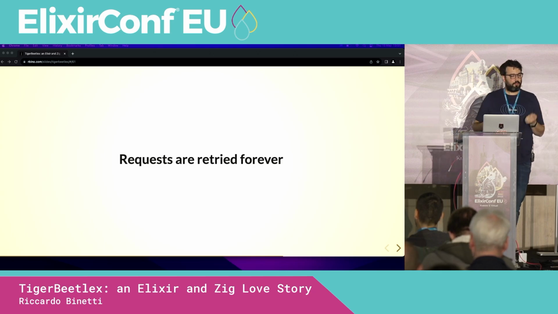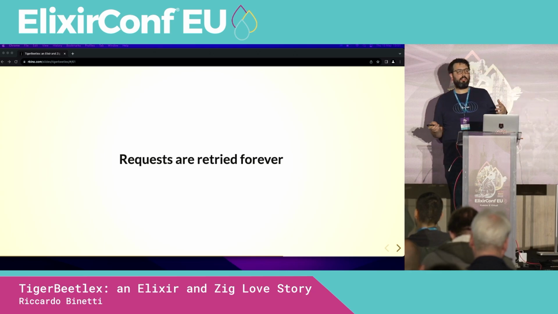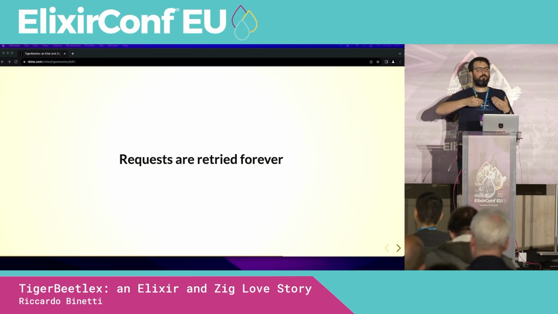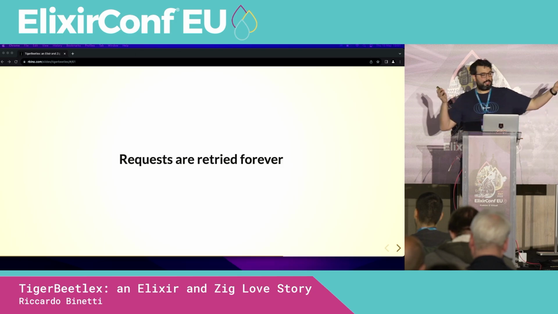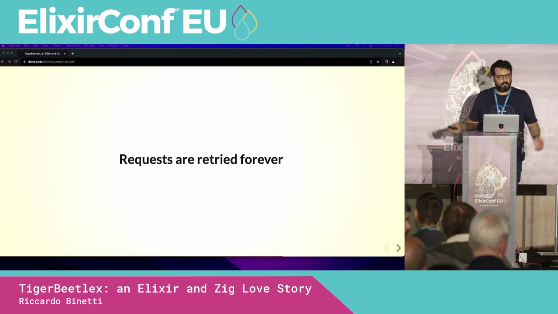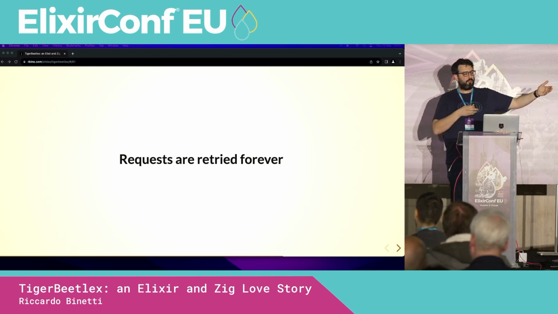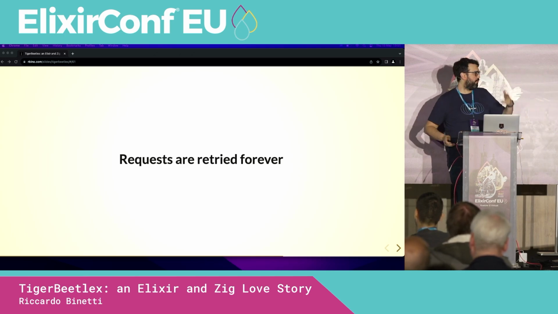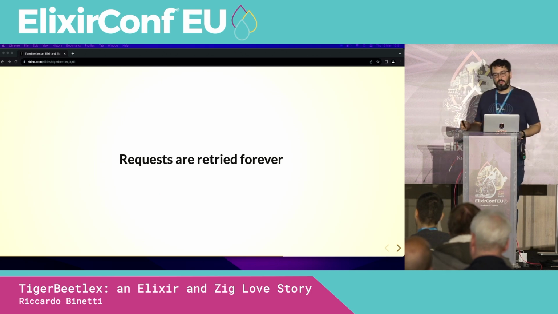But if you use a blocking API, this could mean that the caller keeps being blocked by the TigerBeetle call. But we are cool because we have messages. So if you use message passing, then your GenServer is not going to receive the message. Never mind, you're just able to go on with your life.